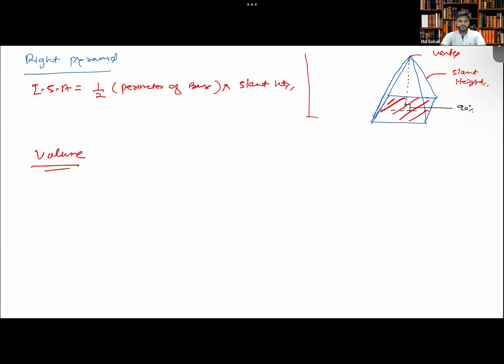Okay. Now talking about solids, a few more things. Solids can be regular and solids can be irregular as well. And based on the number of edges, we have different figures.